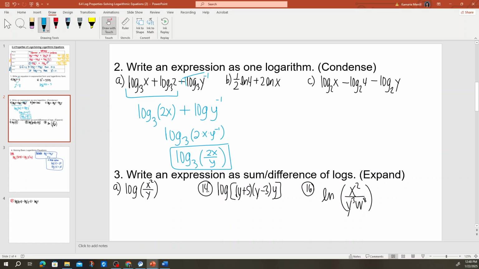It's kind of cool that these properties are all equivalent. Let's jump to this one. Now, we cannot have a number out front when you want to condense. So what should we do first when we're condensing to make sure we don't have these numbers out front? Put it up top.